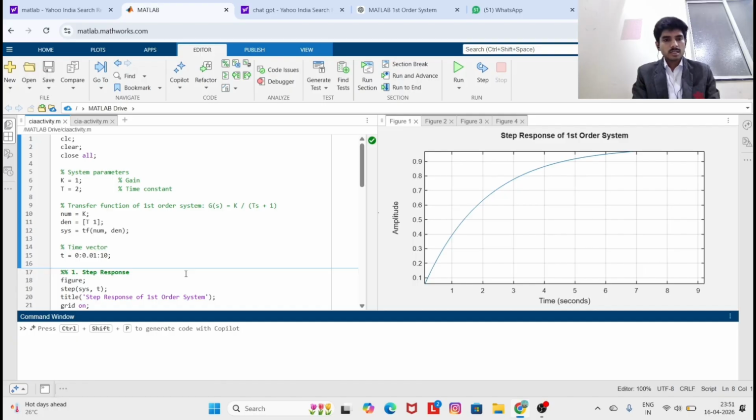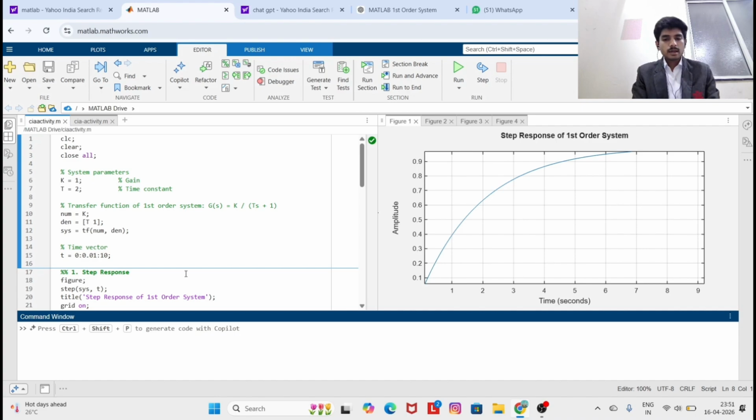After that, the system is written in the standard form of first order transfer function, G(s) equals K upon Ts plus 1. The equation represents how the output and input are related in the system.